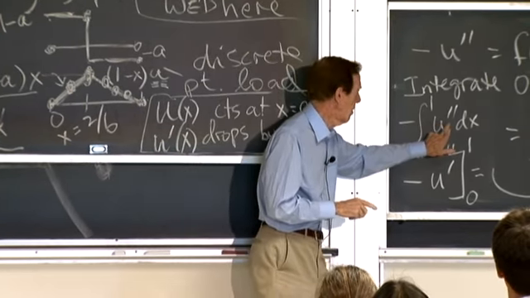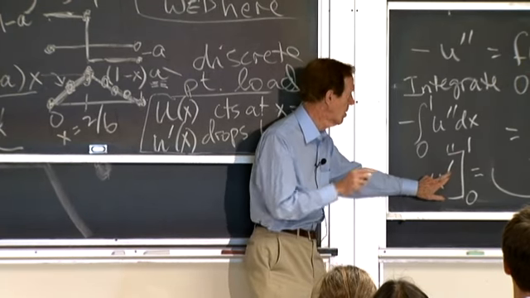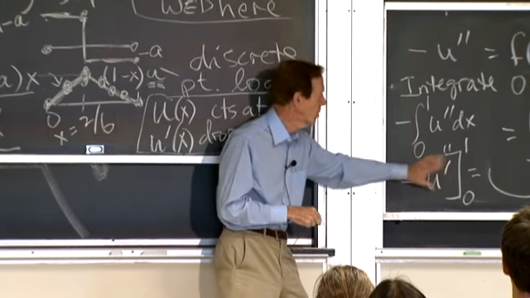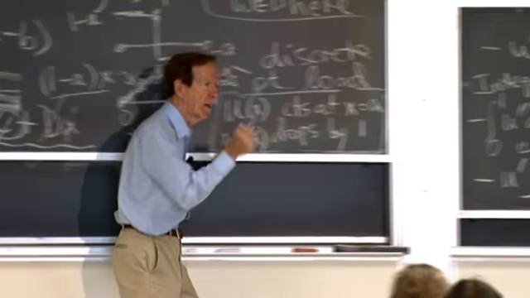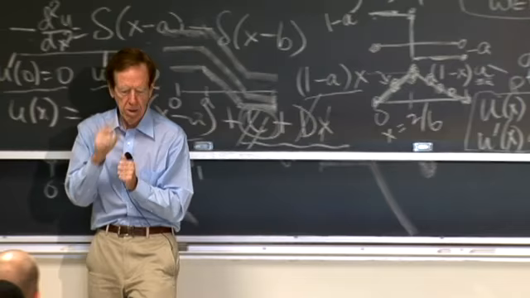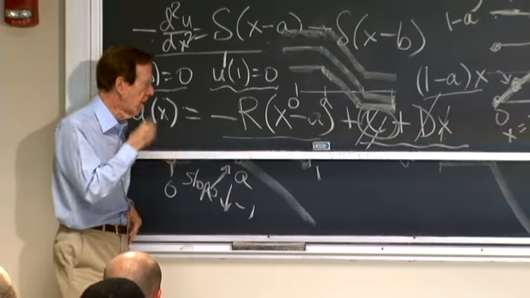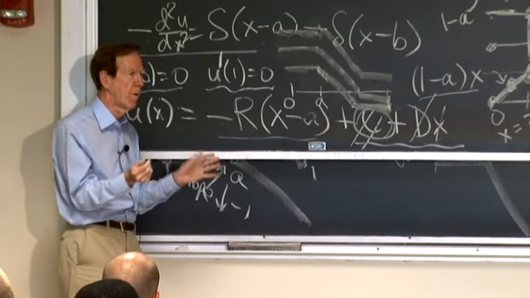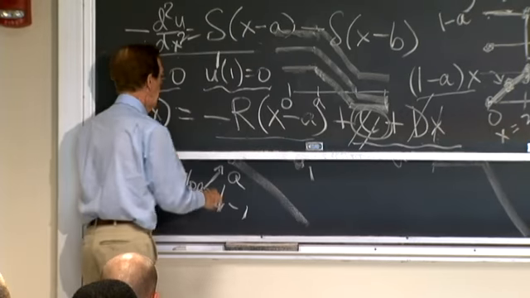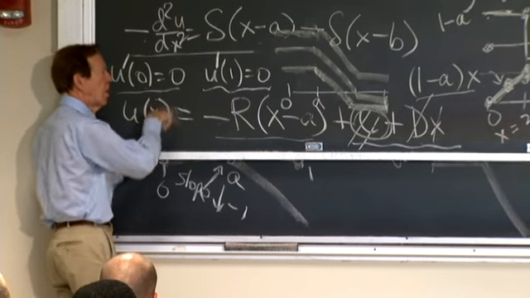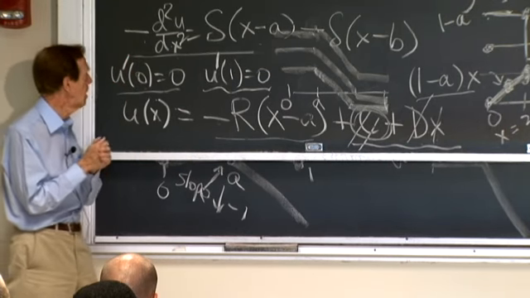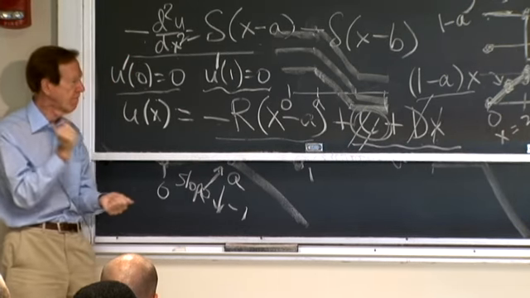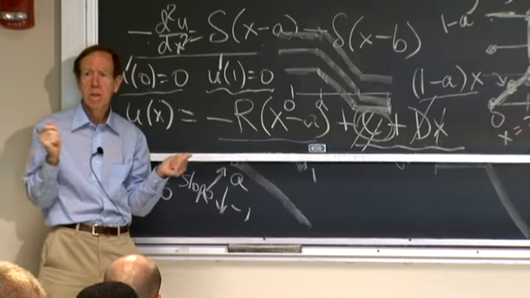We integrated u double prime and got its integral was u prime, so that just told us a difference in slopes at the ends. Good, because our intuition automatically is if we're integrating something, we're finding an area. But if it was u, then I'd be finding the area under u, but here we integrated the second derivative. Right, good.